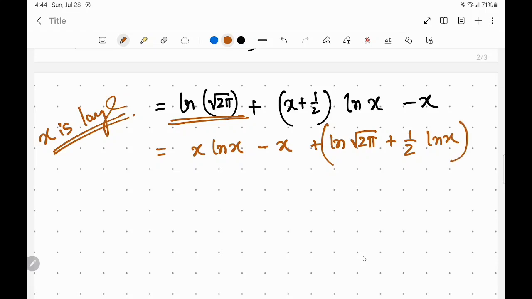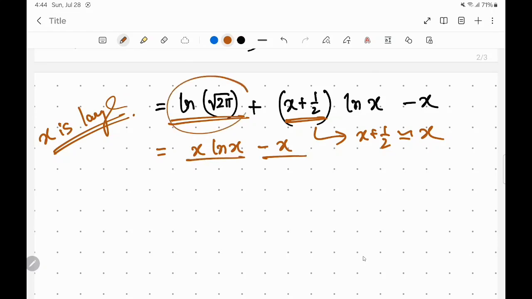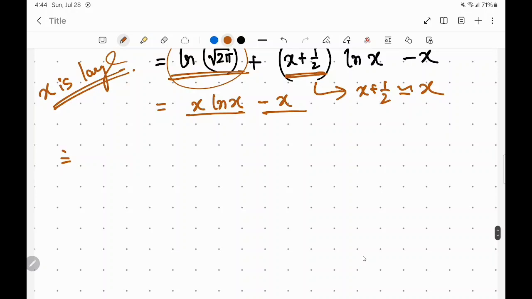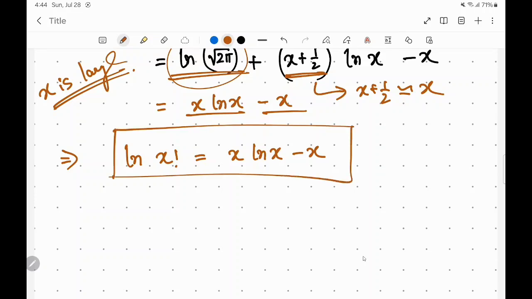So x plus half can be written as x because x is very large. So this will be x ln x minus x, and ln root over 2 pi will be very small compared to x ln x, so that part you can also ignore. So when x is very large, you can write ln x factorial equals x ln x minus x. This is the Stirling approximation, which we basically use.